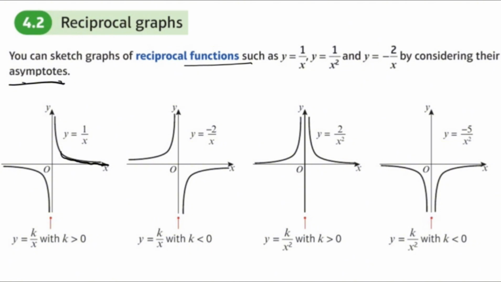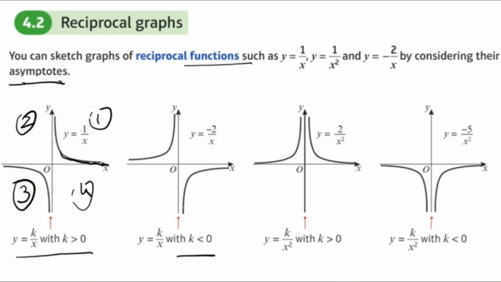Okay. Now when y is equal to k over x, k may be any positive real number, then your graph is always in the first and third quadrant. So you know that is 1, 2, 3 and 4. 4 quadrants are there. In that the positive reciprocal graph is always in the first and third quadrant.